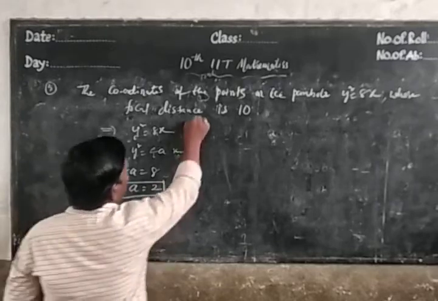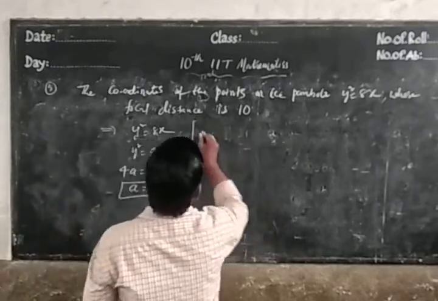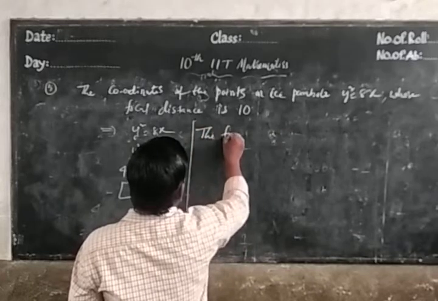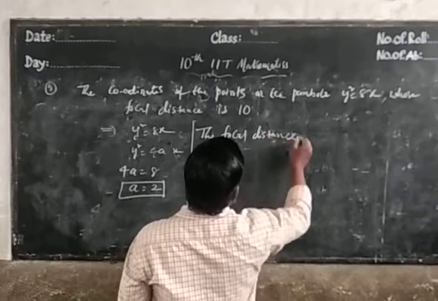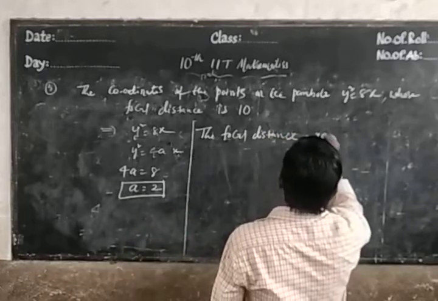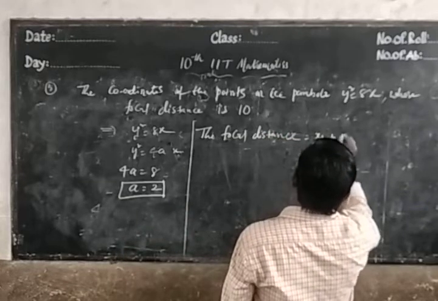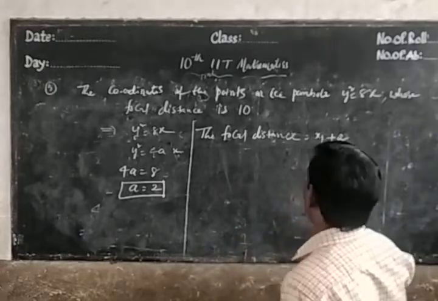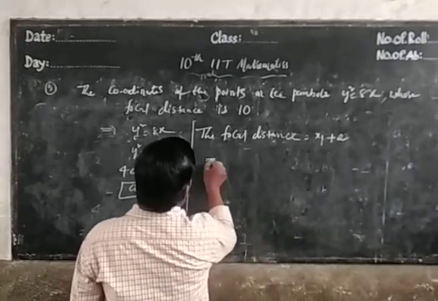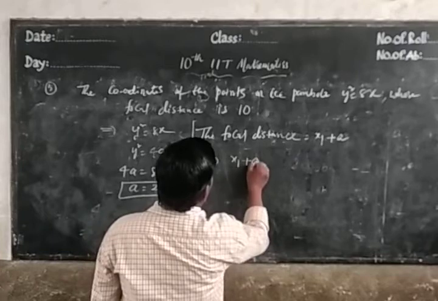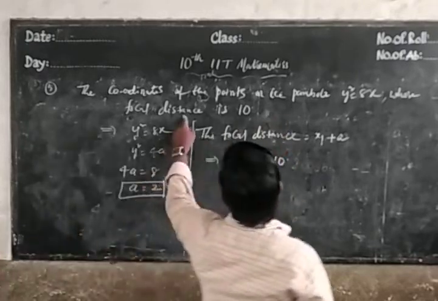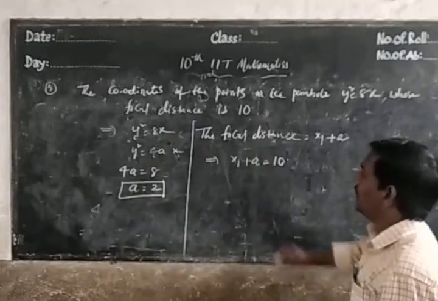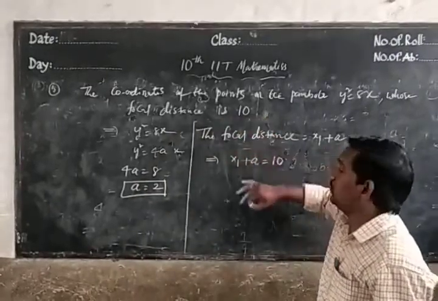Now, the focal distance equal to x1 plus a. Okay, x1 plus a equal to 10. What is the given focal distance in that problem? The focal distance is 10.